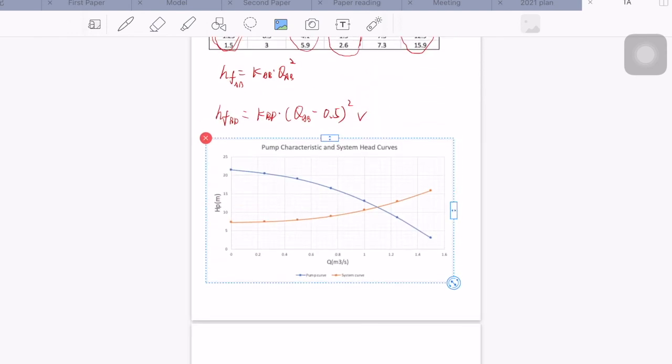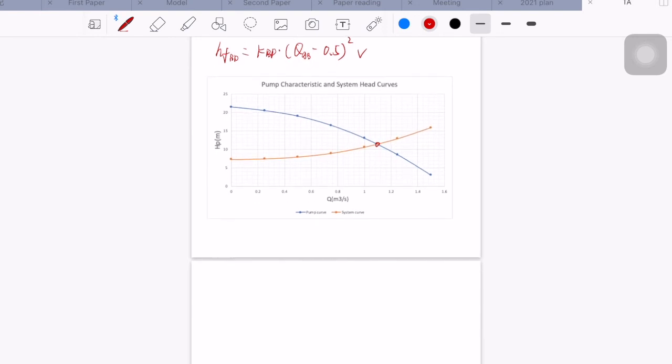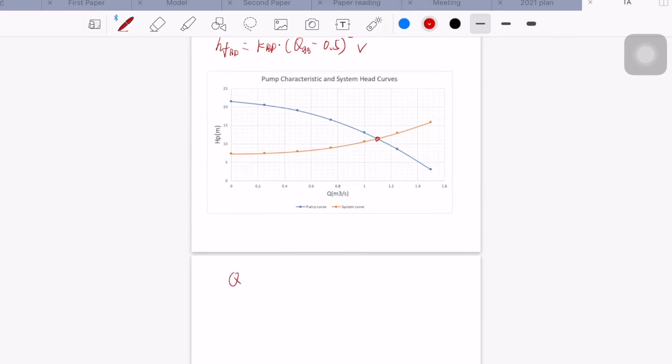Like this one. So we can determine the intersection of the pump characteristic curve and the system curve is at QAB approximately equals 1.1 cubic meter per second, and the HP, the pump head in the pipe AB, approximately equals 11.5 meter.